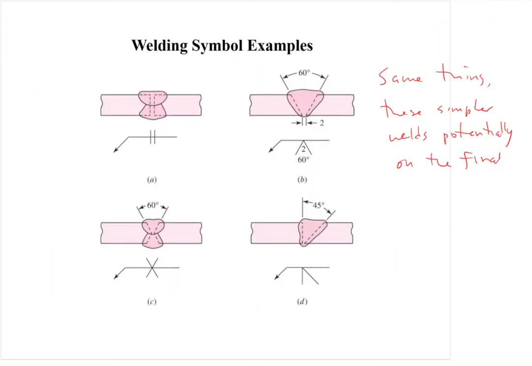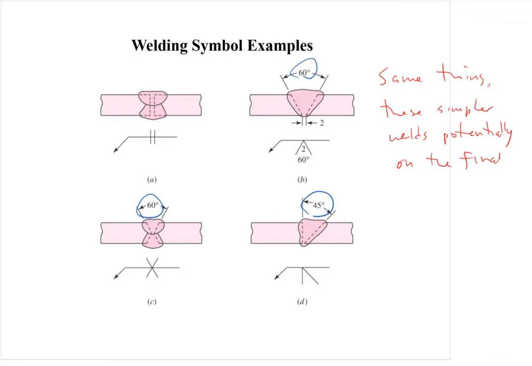And similarly here we have different types of V welds. 45 and 60 here. 45 and 60 are the default for the V welds and or the X welds and V welds, bevel welds.